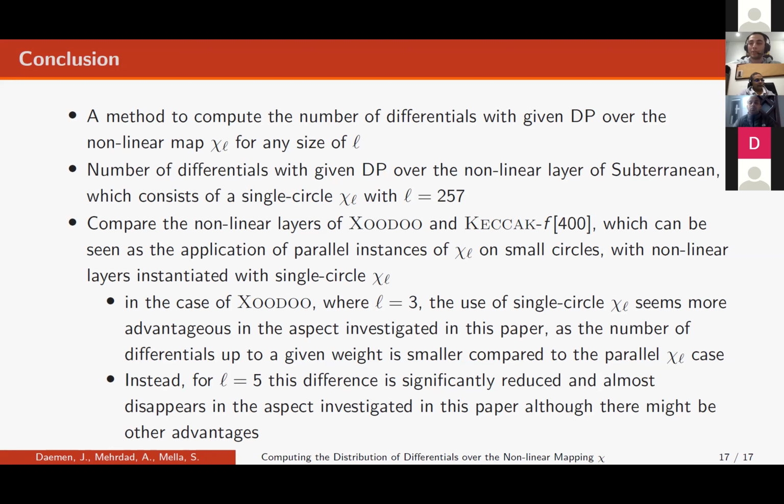So about the differential attack, the thing that I'm doing now is just this differential attack, and for that we search all possible trails. So this is only one nonlinear layer, but in the differential trail search, we search over, like in Xoodoo we search over 6, and in Subterranean we search over 8 rounds.